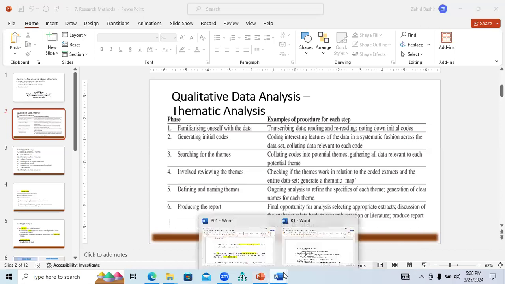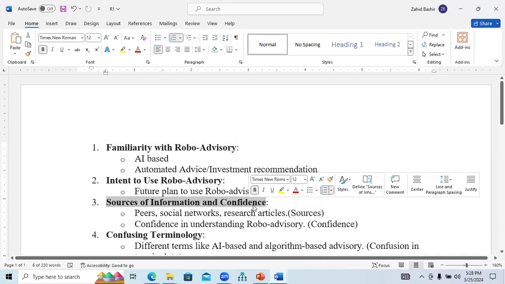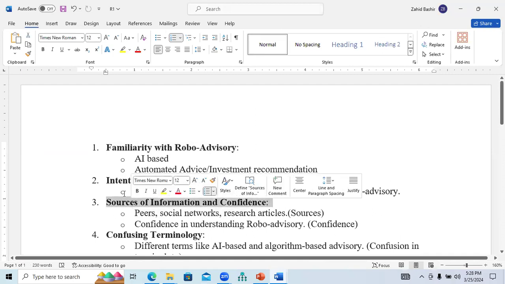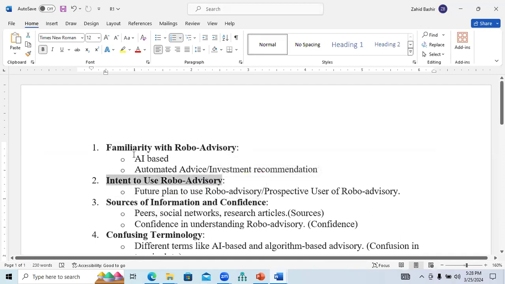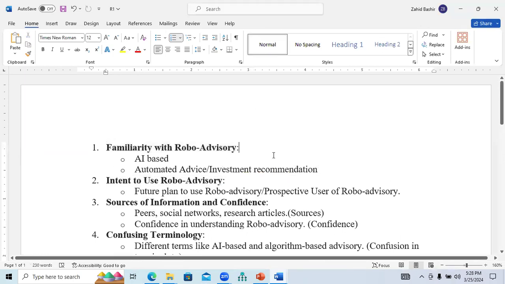In this step, you need to define what is meant by familiarity with robo advisory, what is meant by intention to use robo advisory, and what is meant by sources of information and confidence of robo advisory. So you need to give a brief meaning or definition of your main codes that you have created from your transcribed data. You need to define what is meant by familiarity with robo advisory.